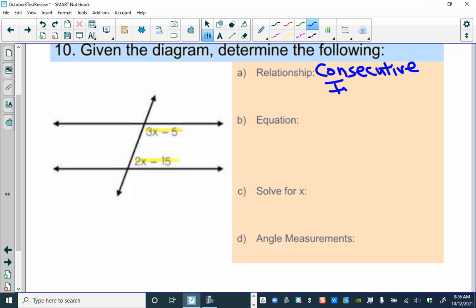And the reason why it's consecutive interior is because they're on the same side of that transversal. Now, if they're consecutive interior, what's the relationship between the two angles? Supplementary, okay? Which means they add up to what number? 180. Yeah.